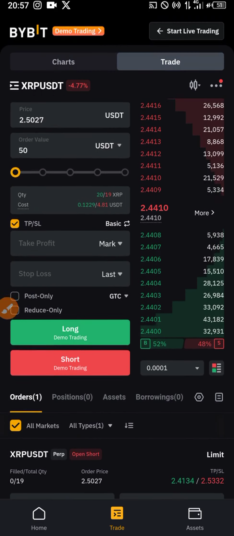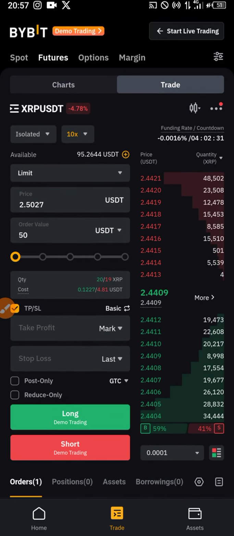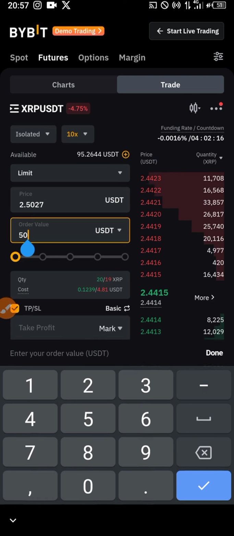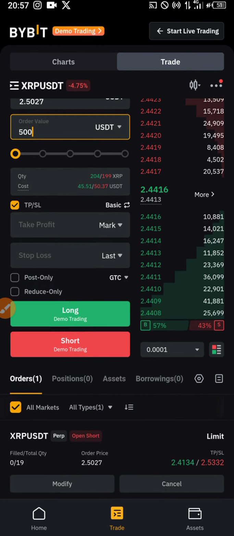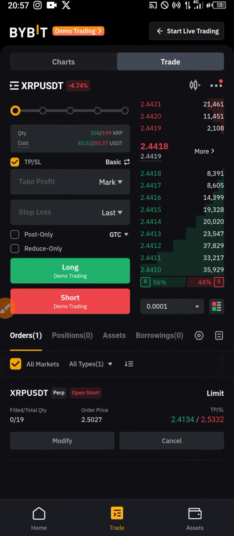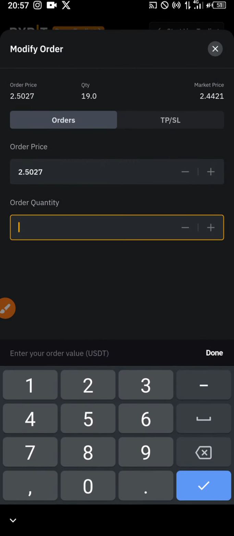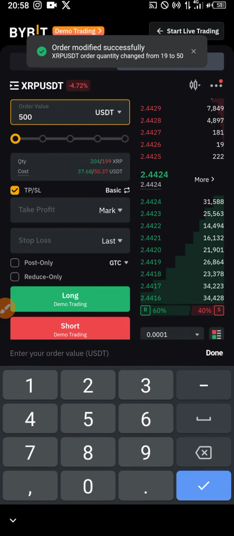So with a $100 account now, I can control a larger position. You can see this is even the actual cost. The actual cost is not up to $1. You understand? So let's say I'm controlling about 500 position. Then let's see if we can modify this one. 50 confirm.